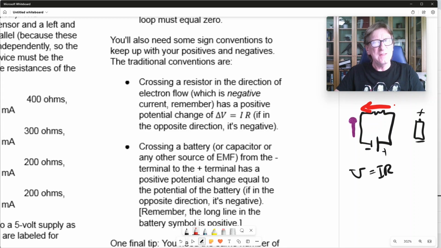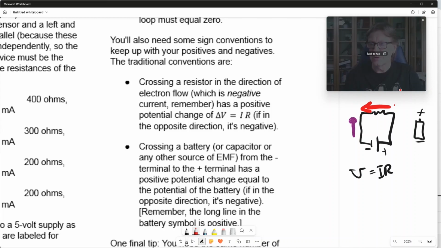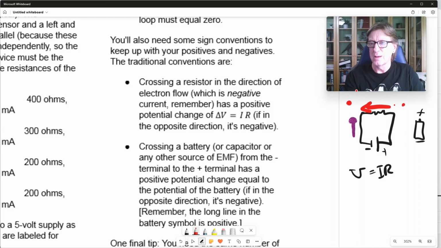But I find that difficult to keep up with, because then I've got too many backward things to swap. So the way I would remember the rule is, if I cross it in the direction of electron flow, which in this case is opposite to the current, then I'm going to have a positive potential change. You'll see how that works in just a second.